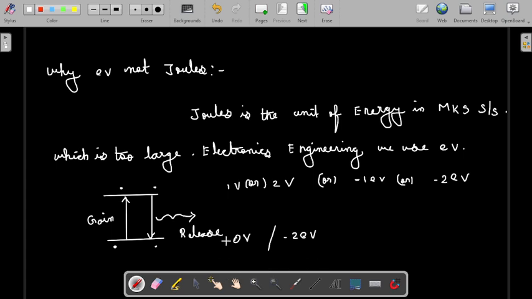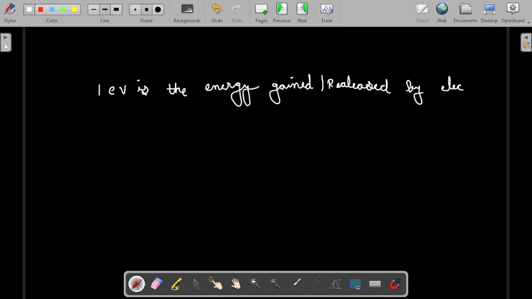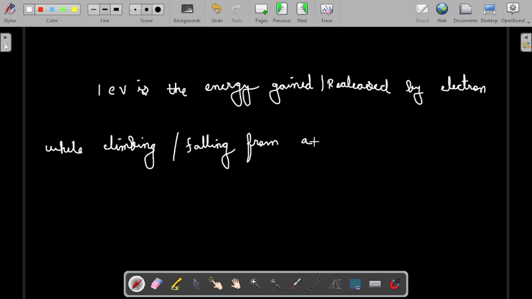To simplify this, let me define one more term: 1 eV is the energy gained or released by an electron while climbing or falling through a potential difference of 1 volt.